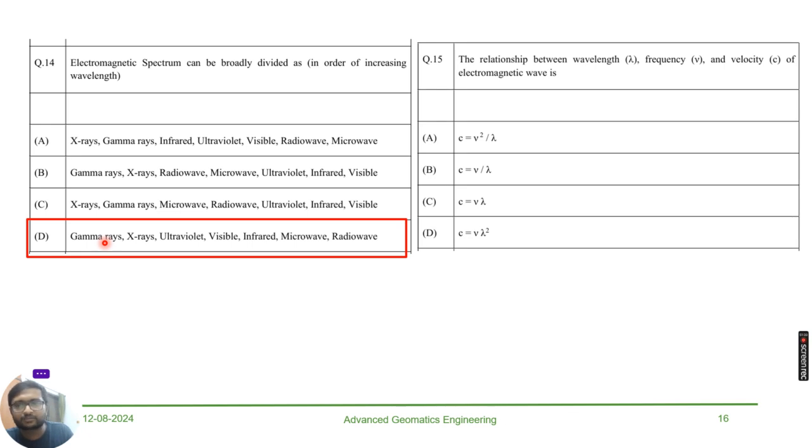Now, the relationship between wavelength, frequency, and velocity. What is the relationship between C, V, and lambda? Can anyone tell the answer?